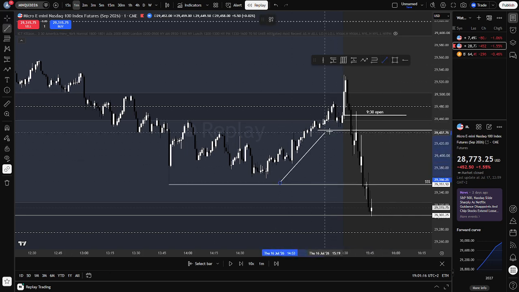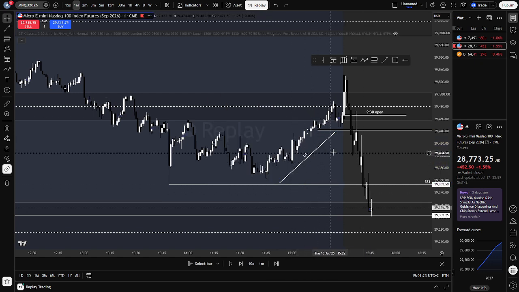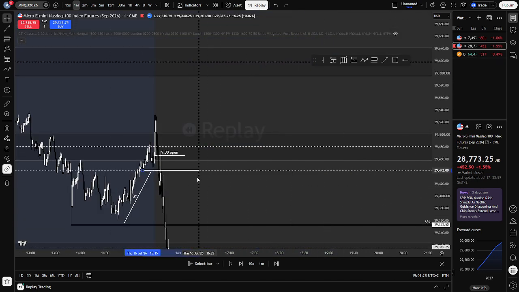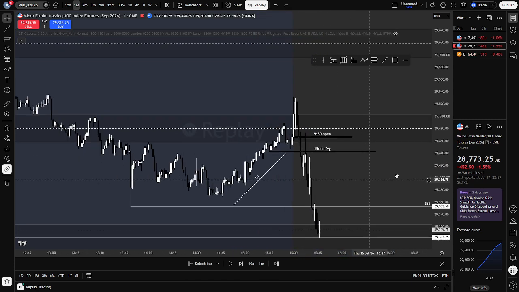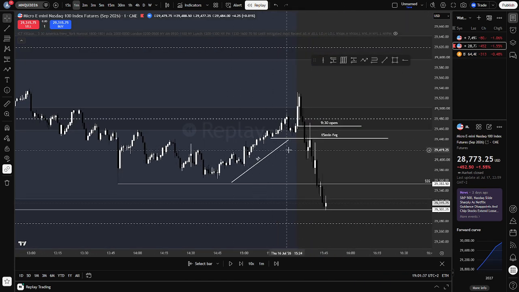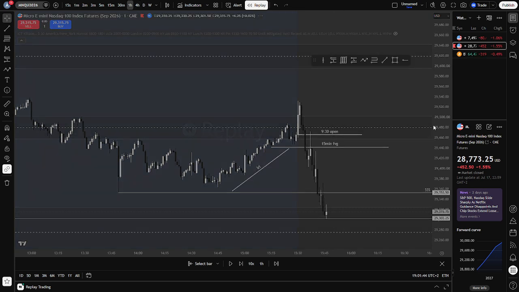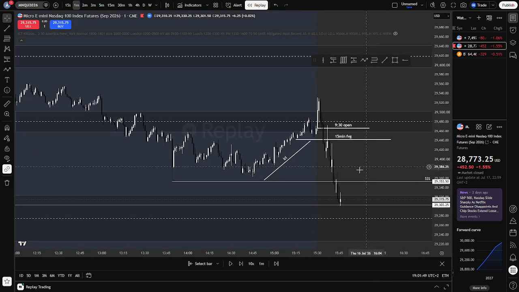This is low resistance liquidity. Let me write down low resistance liquidity here. Let me just make this a little bit cleaner for you guys to see. 15-minute fair value gap right here, like this, low resistance liquidity, data low down here, and this market maker sell model all the way down to this hourly low. So beautiful trade.